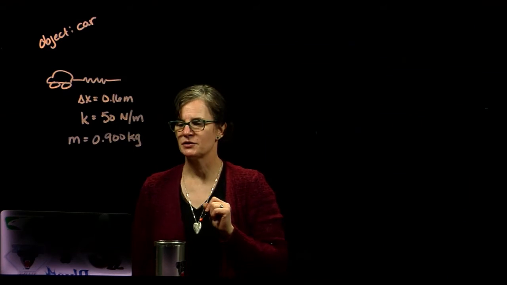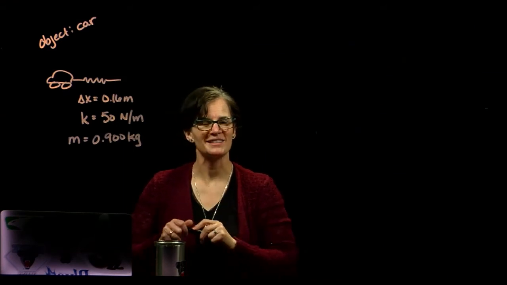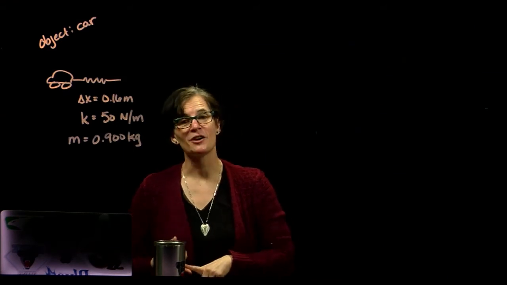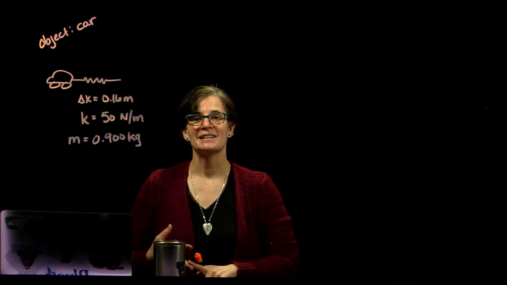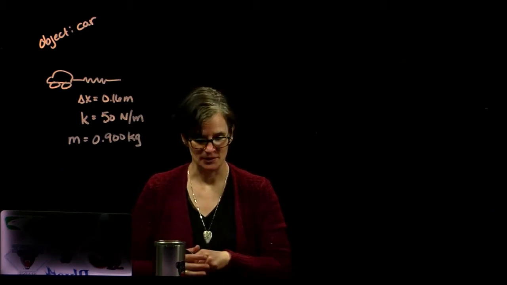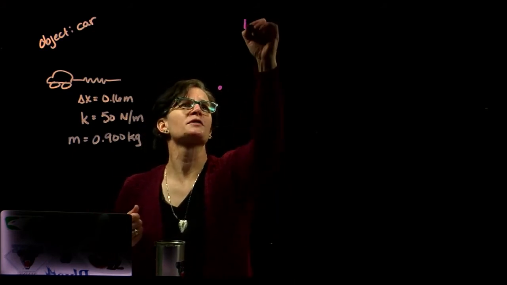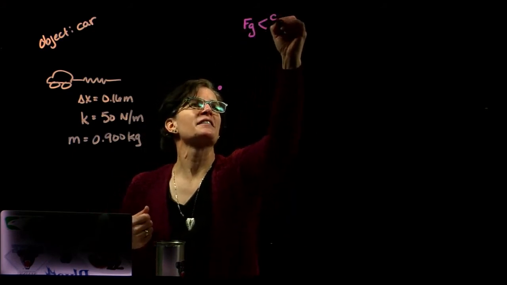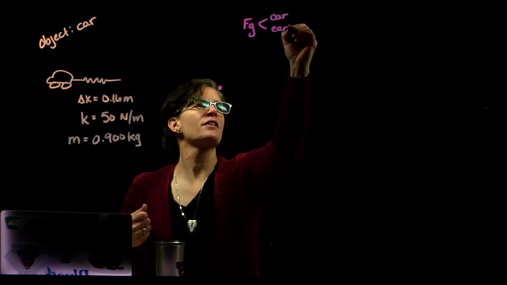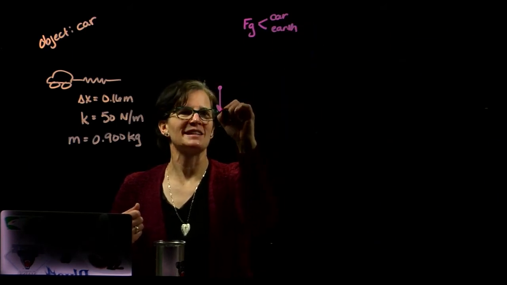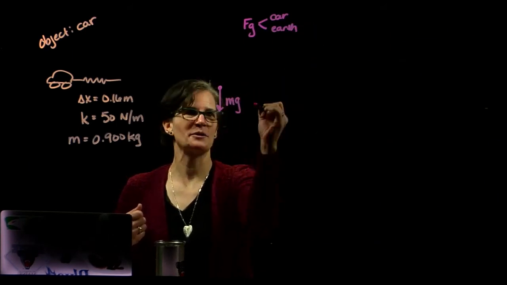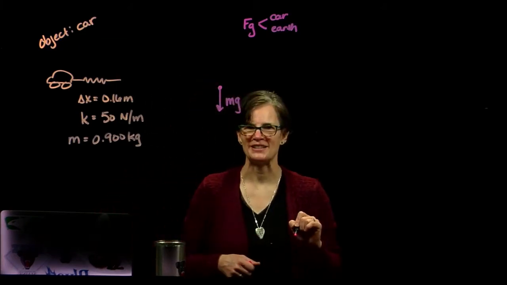All right, so next step in the process is to look at the forces acting on this car and drawing a free body diagram. So let's look at the forces. We know that the force of gravity exists. That's between the car and the earth. And that, of course, acts in the downward direction equal to mg.